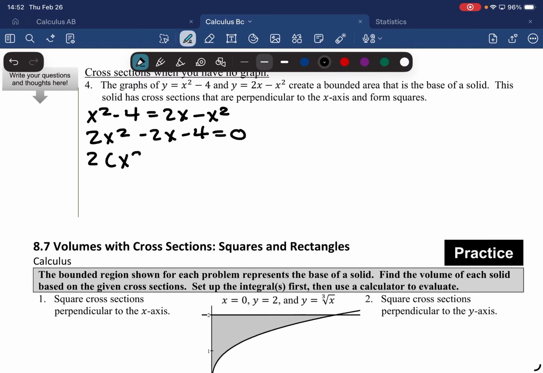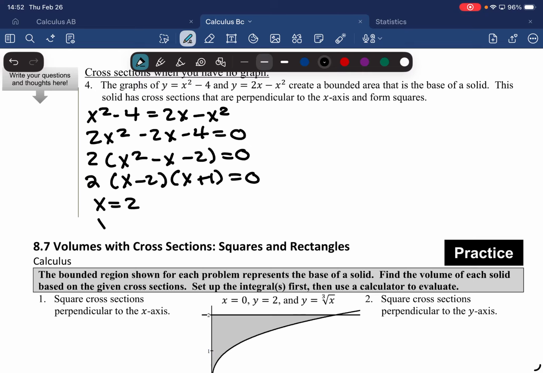And so I have x squared minus x minus 2 equals 0. Which makes this a nice and easy factor that I can factor into x minus 2, x plus 1, and then set each of these factors equal to 0 to find my bounds. So I have x is equal to 2 and x is equal to negative 1. And again, these are my bounds.